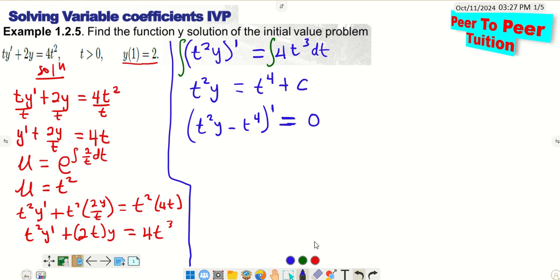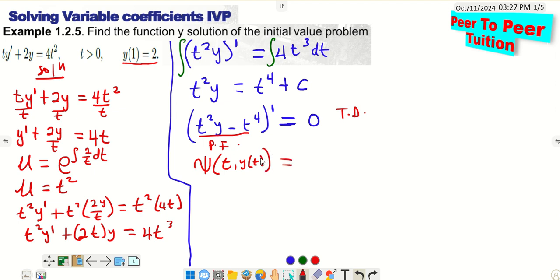Now, this is what we call total derivative. And what is in the bracket is called the potential function. Always the potential function is written in a functional notation. It is a function of the variables t and y.